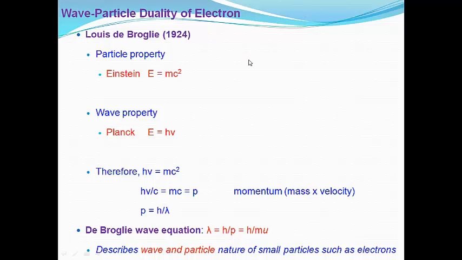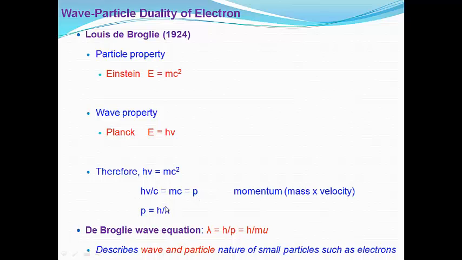And so combining those two ideas, born through Einstein, where we look at the energy of the particle, where E is equal to mc squared, and by Planck, which looks at the wave property and shows the energy is equal to h nu. If we were to equate both energy values, we would see that h nu is equal to mc squared, and that then turns out to be h nu over c is equal to mc, where mc is mass times velocity, which is equal to momentum.